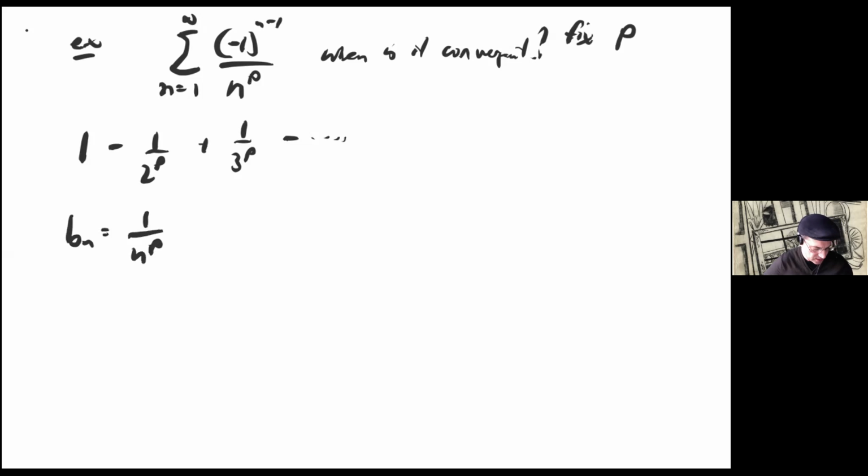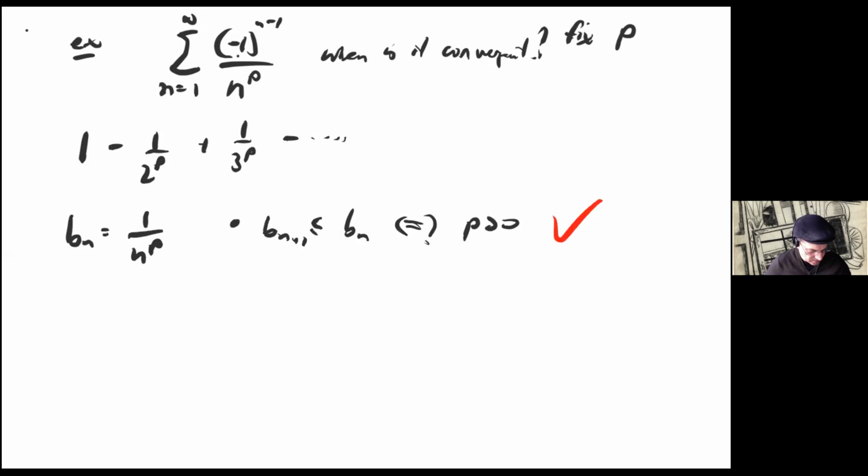Well, you can just by inspection see that b sub n+1 is less than or equal to b sub n if p is positive, because the exponent of n is positive and these numbers are decreasing. And that's if and only if. So I should write if and only if here. So that's true. That case checks out.